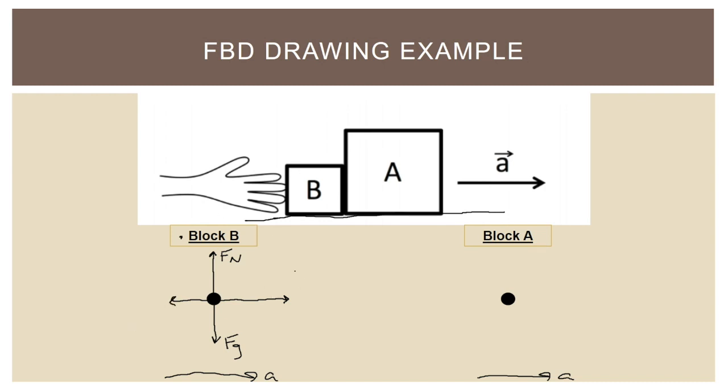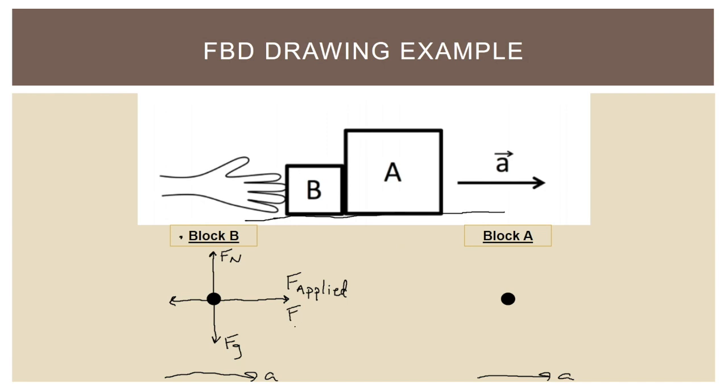And the arrow going to the right, I'm going to list as F applied. Whenever somebody, like a person, applies a force to any of the objects in the problems, we usually refer to it as the applied force. And so we note that by writing F applied.